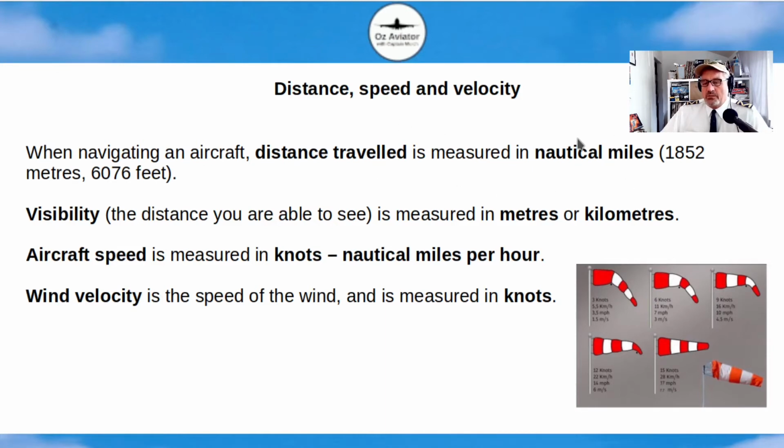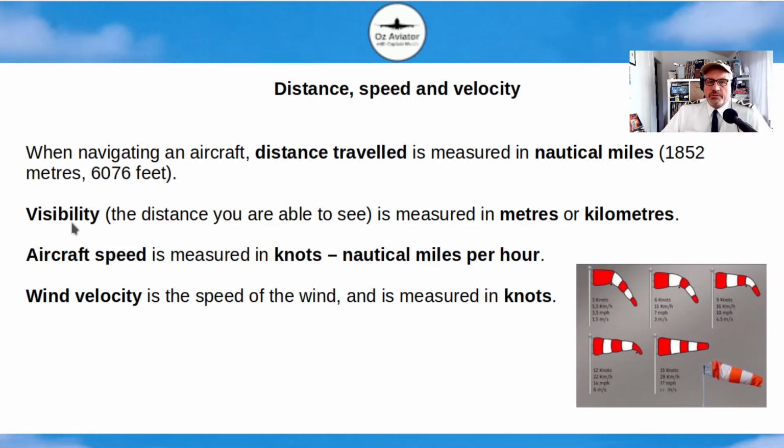It doesn't matter what a nautical mile is, because you're using a map that has nautical miles on it, and also because you have an airspeed indicator which is measuring your speed in nautical miles per hour. It's all relative, so you don't need to worry too much about how far it is in feet and metres. Just know that it is nautical miles.